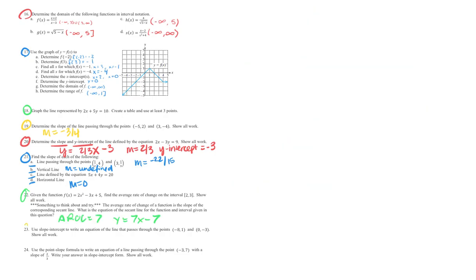All right, now looking at question 23, we're going to use slope-intercept form to write an equation of the line that passes through the points (-8, 1) and (0, -3). One very important thing first: it says slope-intercept, so we first have to find our slope m, also known as our rate of change. y2 is negative 3 minus 1, y1, over x2, 0, minus negative 8.